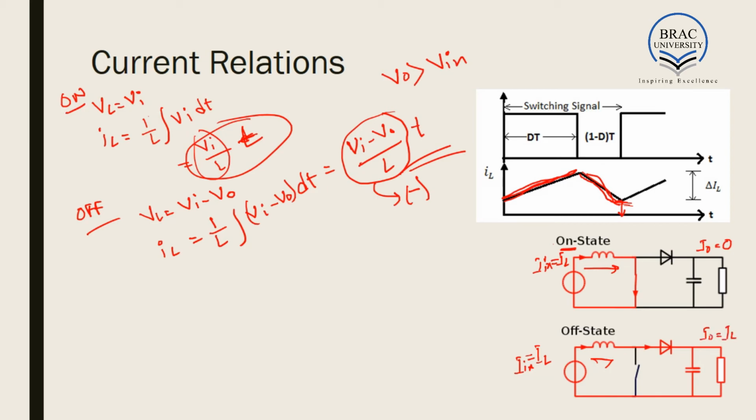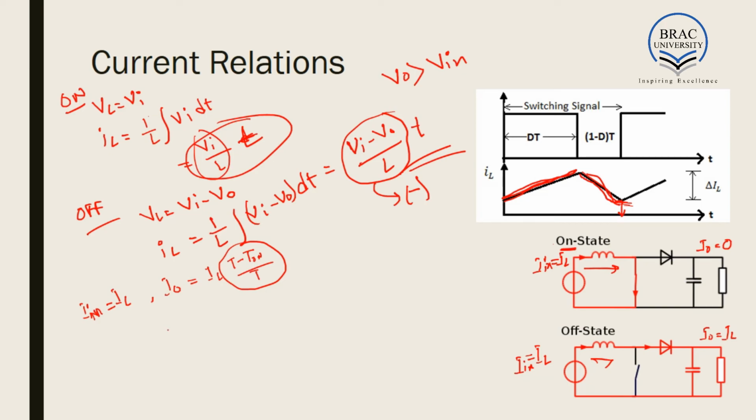As a result, in both on and off state I in is equal to IL, and I out is equal to IL only in the off state. That is, only in the fraction T minus t on divided by T, I output is equal to IL.